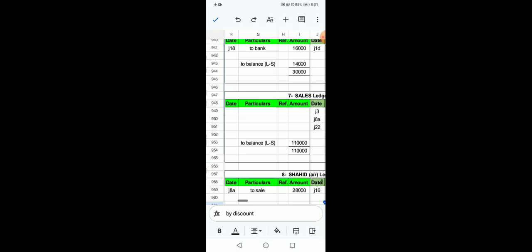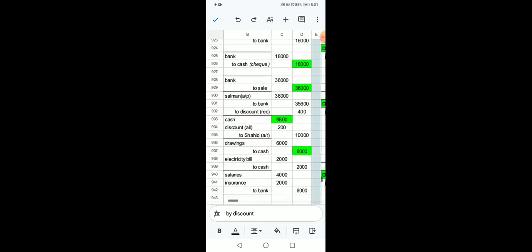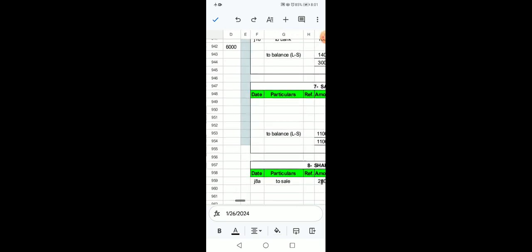Now let's see what the reference of this 9,800 was. The reference was cash and discount. Now look, there were two references, cash and discount, and we have put cash in front of 9,800, discount in front of 200. The date is January 26 for both.